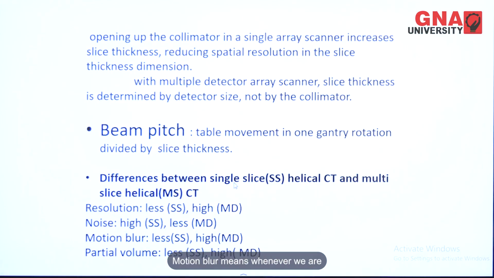Motion blur means whenever we are acquiring the image, where will the motion artifact mostly be encountered? It will be encountered in single slice CTs rather than multi-slice or multi-detector CTs. Partial volume artifact is one of the artifacts that arises more in multi-slice CTs rather than single slice CTs.